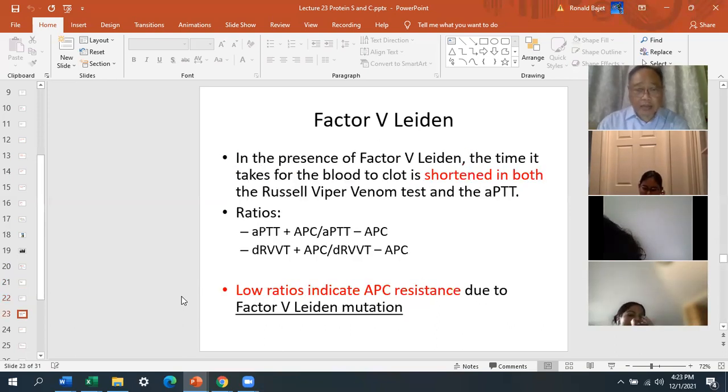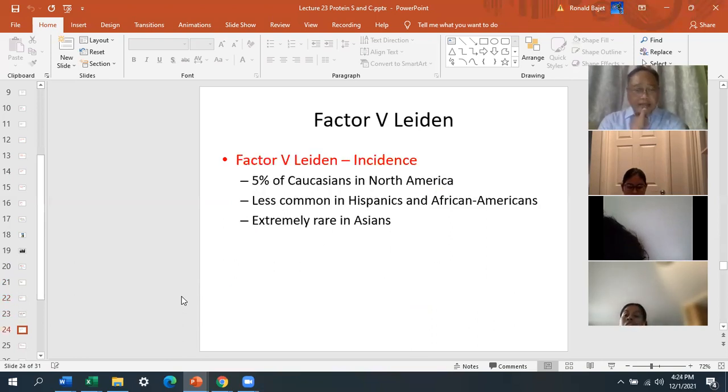In this slide, I'm going to quickly skim over. The incidence of factor V Leiden is not so common in North America, only 5% of Caucasians. It's less common in Hispanics and African Americans, and it's extremely rare in Asians.